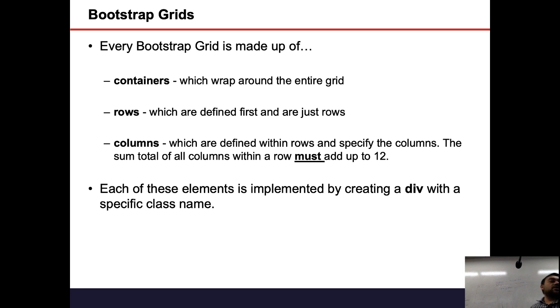These rules are good. Rows, make sure you have 12 columns, and then each of these are implemented using a div tag. Each of these are implemented using a div tag. If I want to implement a container, it says start with a div tag.